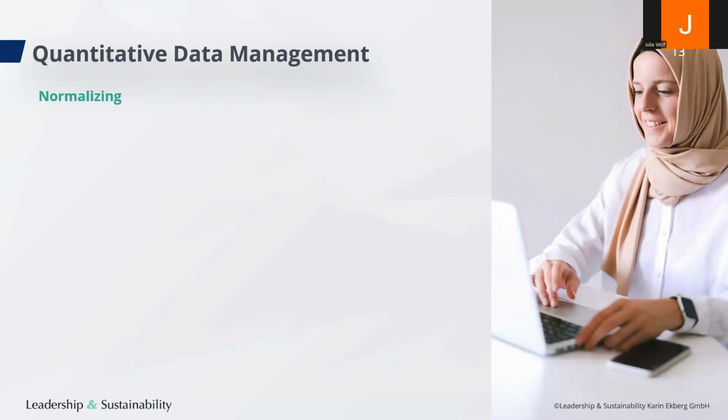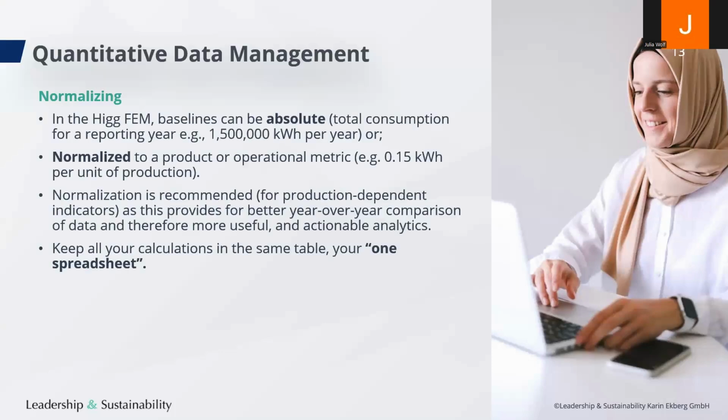And then it's easier to compare, because otherwise perhaps you have the impression that you have reduced your electricity consumption, let's say with 10%, but actually your production volume was lower in one year, so it was 15% lower. So then it makes sense that your electricity consumption is lower as well, but you haven't done anything to save any energy. So it looks as if you have been saving energy, but you haven't. So that's why we normalize.